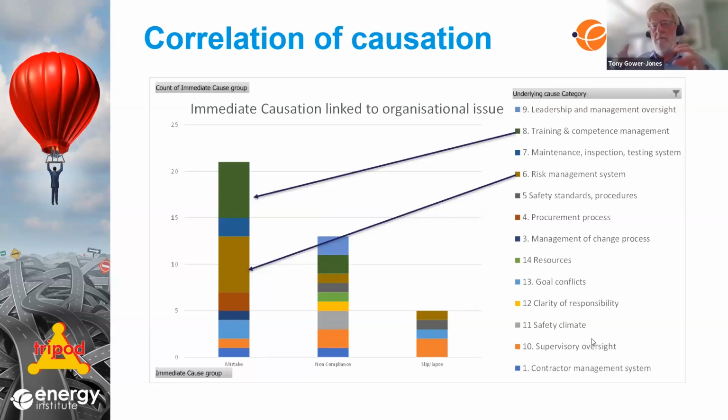And here I've taken the immediate causation at the first level, which is just mistake, non-compliance, and automatic slips and lapses, the first level of the GEMS model. And what you see here is, most of our mistakes, over half of the mistakes that people make that mean barriers fail, are because of training or risk management. Well, this was 28 incidents, 40 barriers.